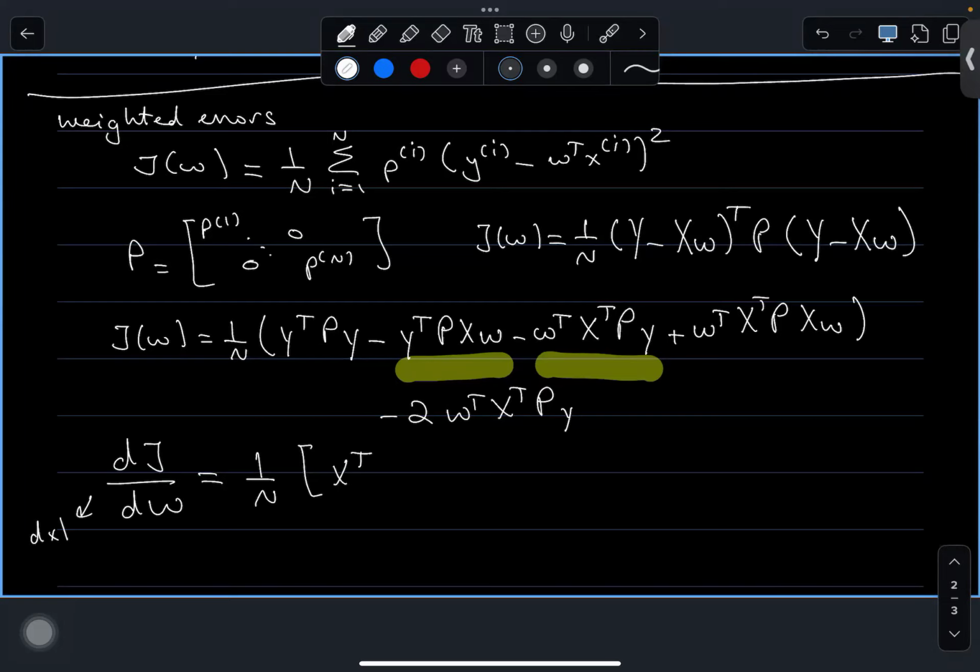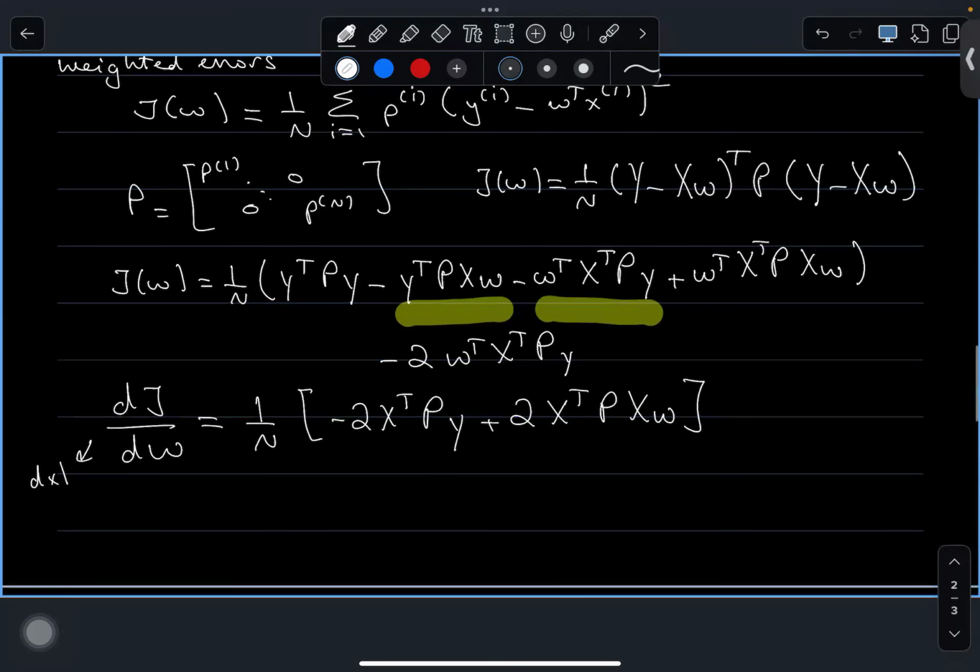Get X transpose. So what I end up with is I set that equal to 0, and I solve for it.